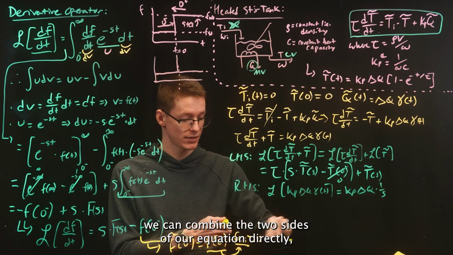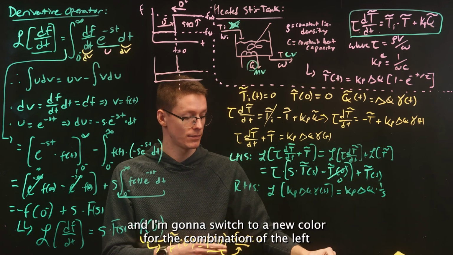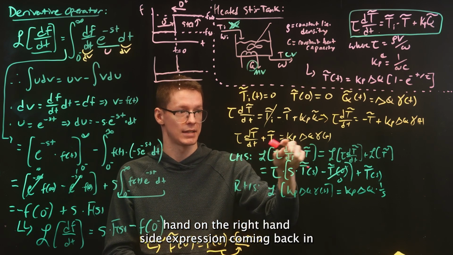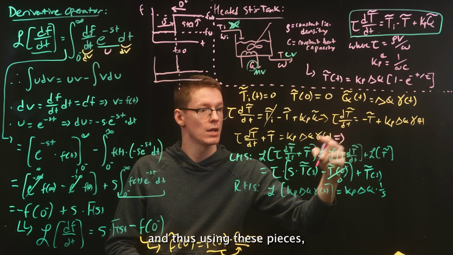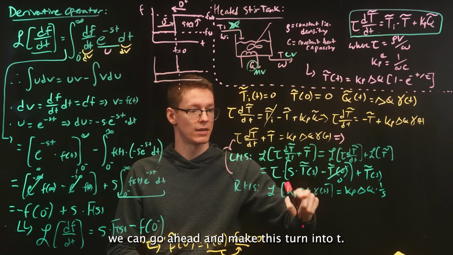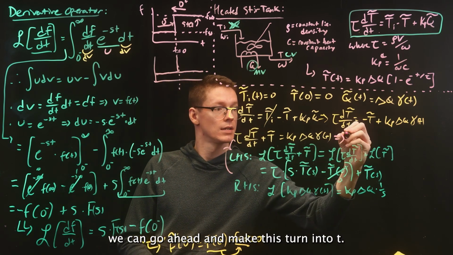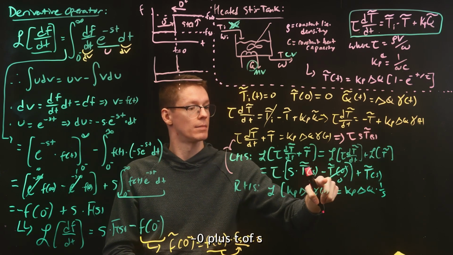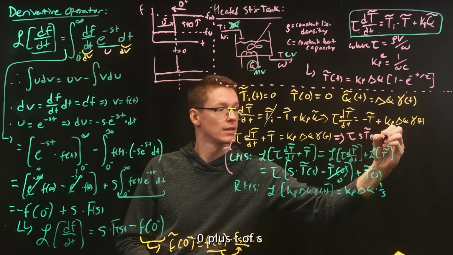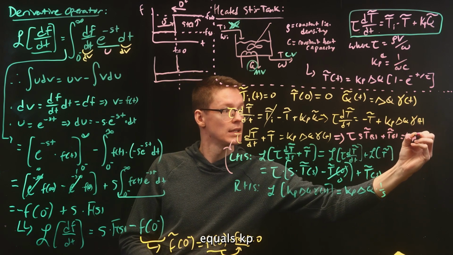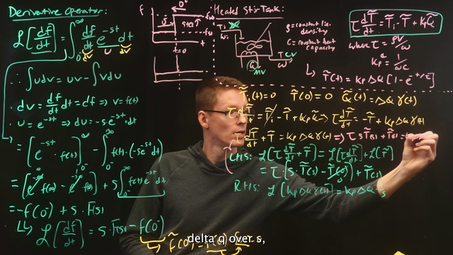We can combine the two sides of our equation directly, and I'm going to switch to a new color for the combination of the left-hand and the right-hand side expression coming back in. And thus, using these pieces, we can go ahead and make this turn into tau s T of s minus 0 plus T of s equals Kp delta Q over s.